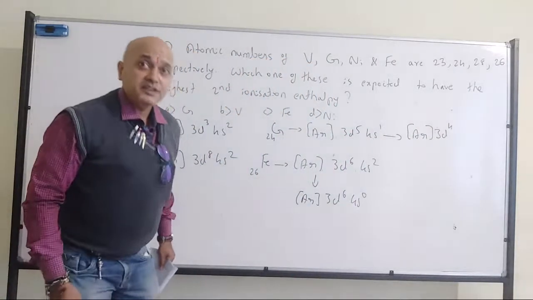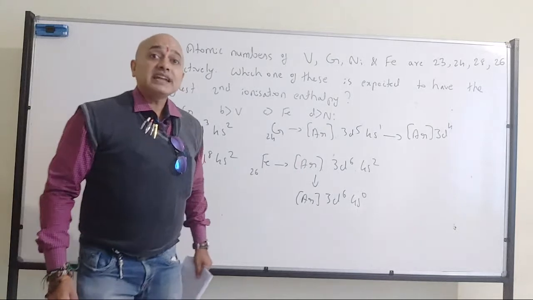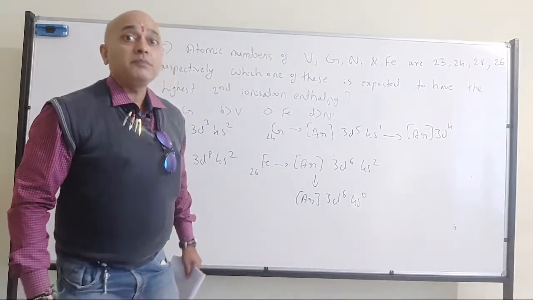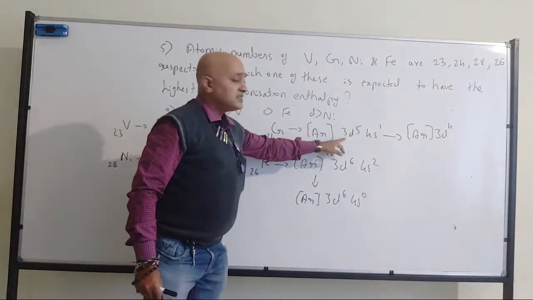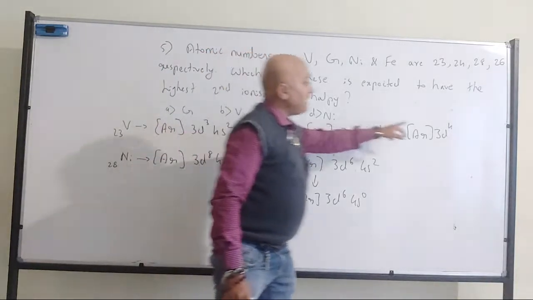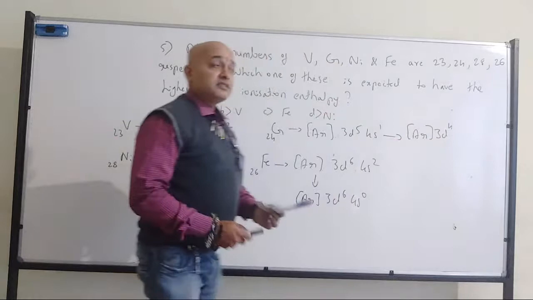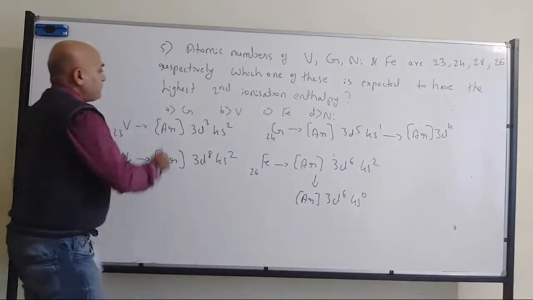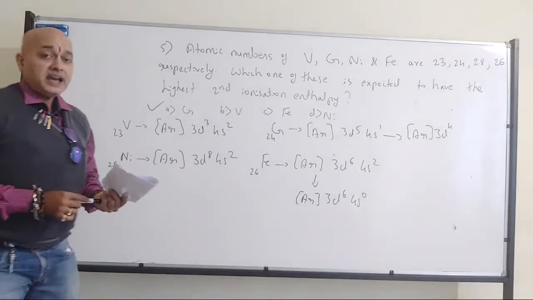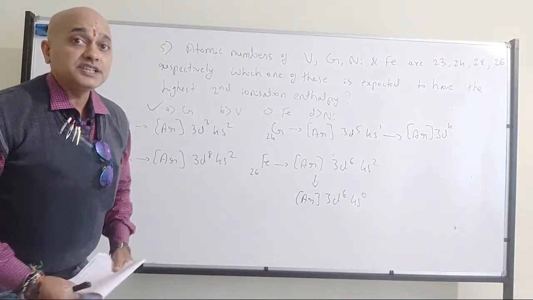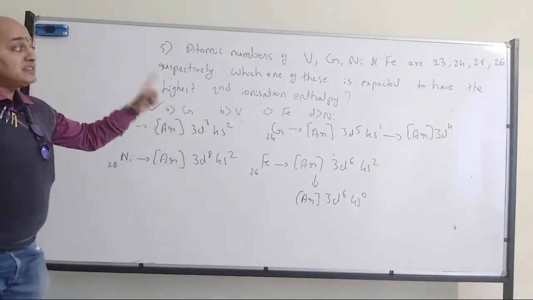That means chromium has a half-filled d subshell, 3d5. Removing the second electron from chromium will be a bit difficult because 3d5 is half filled and we are making it 3d4. So the appropriate answer should be option A, where a high amount of energy will be required to remove the second electron.